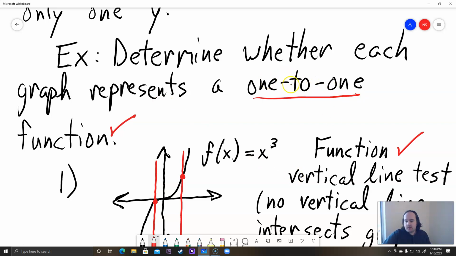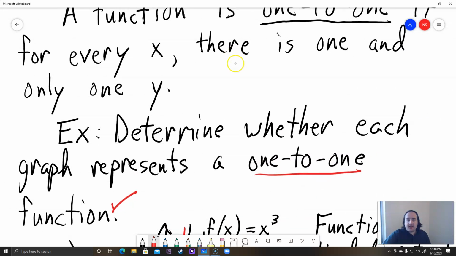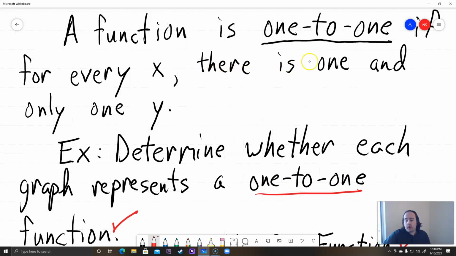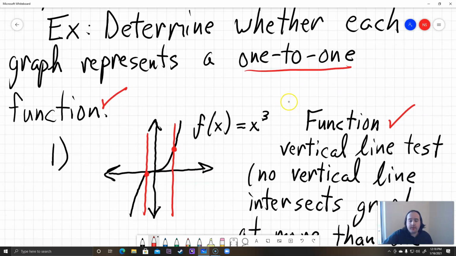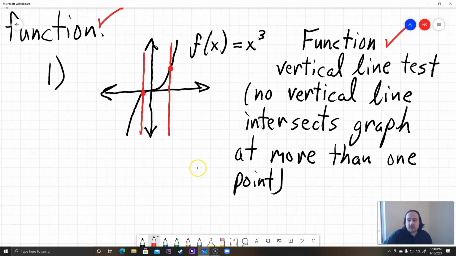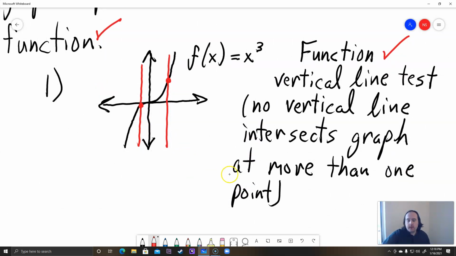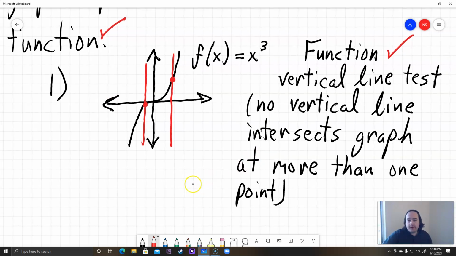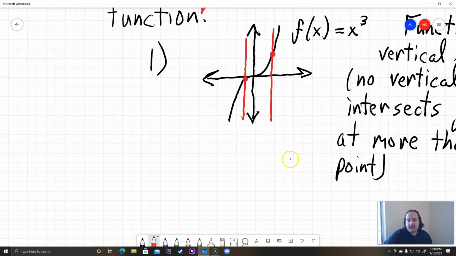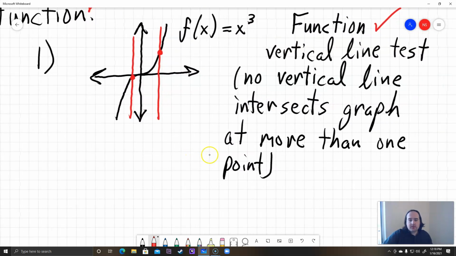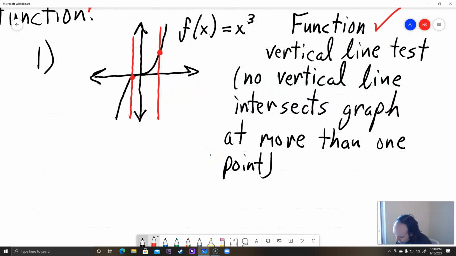Now, how do we determine if it's also one-to-one? Well, for each x, there can be only one y. It has to be a function, which this one is, but you also have to pass a different test.